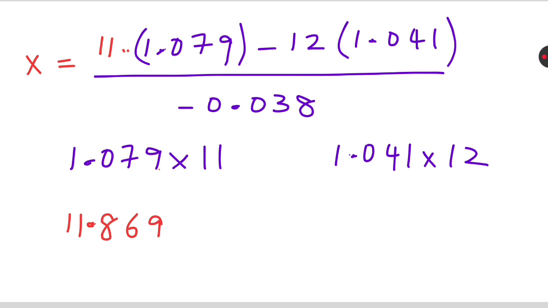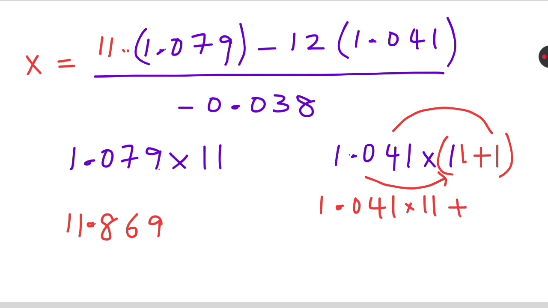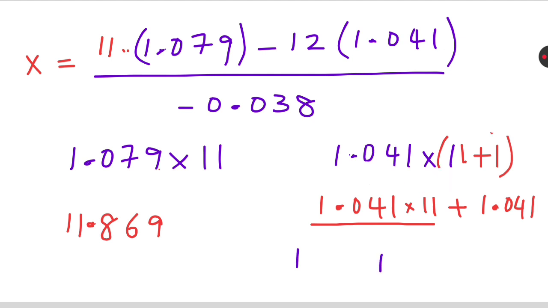Now come here: 1.041 times 12. This 12 we can write in terms of 11, that is 11 plus 1. If you open the bracket, you get 1.041 times 11 plus 1.041. First we do the multiplication by 11. Write the first and last digits as they are, and then add the digits. 1 plus 4 is 5. 4 plus 0 is 4. 0 plus 1 is 1.